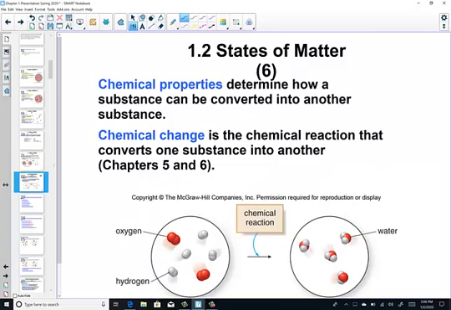Chemical properties, and again, think of properties as adjectives. Think of chemical change as a verb. Chemical properties determine how a substance can be converted into another substance. So I'm changing its identity.